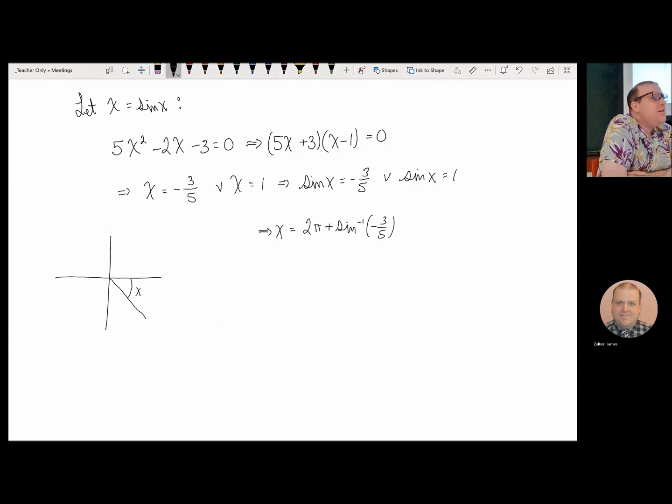Two pi plus inverse sine of negative 3/5. There's one solution. Sorry. Similar angles, that angle's also x. That's another solution.